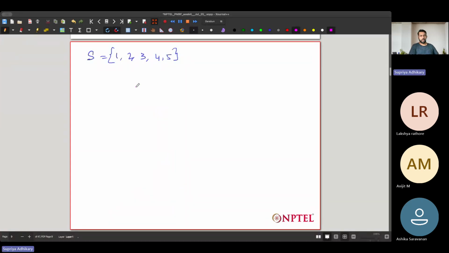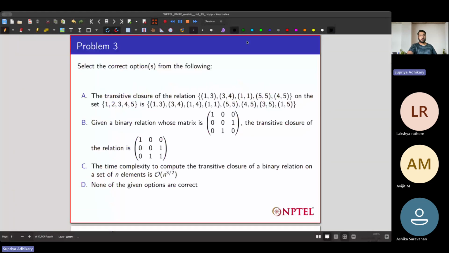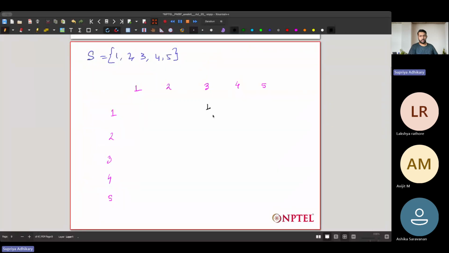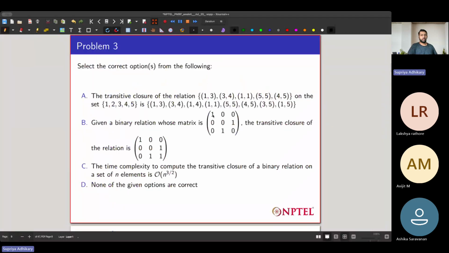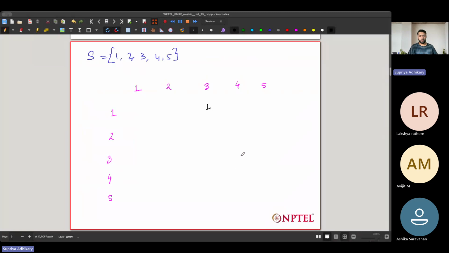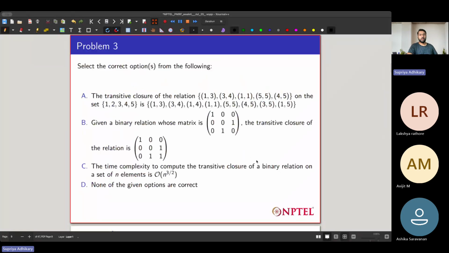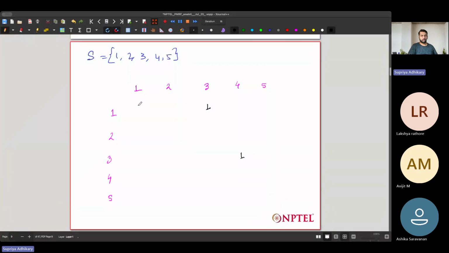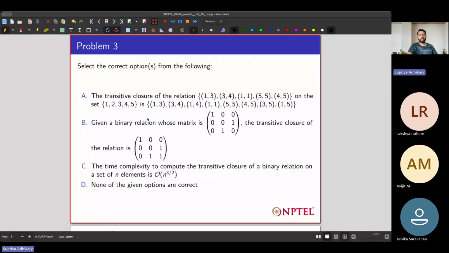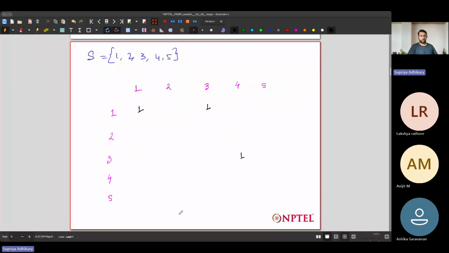So first we just write down the matrix. The matrix is given as this: (1,3) is there, so (1,3) should be 1. (3,4) should be 1. (1,1) is 1. (5,5) is 1.